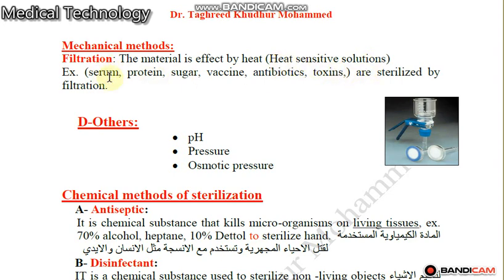For example, serum, proteins, sera, serum is a single. Proteins, sugars, vaccines, antibiotics, toxins. These are very important in our lives, and they must be sterilized before we use them.